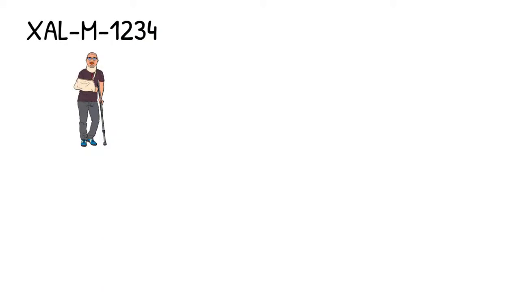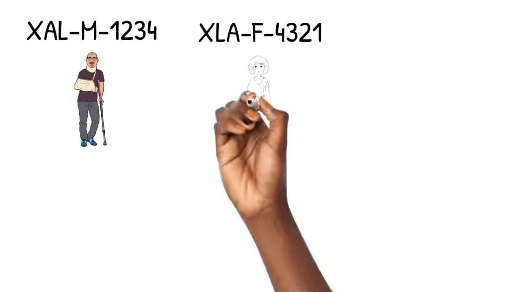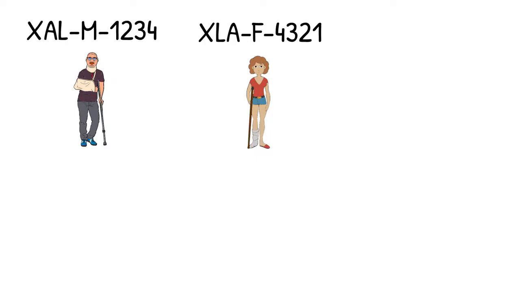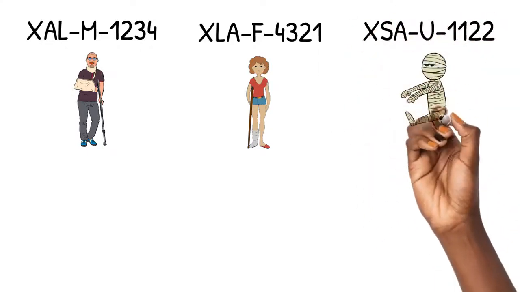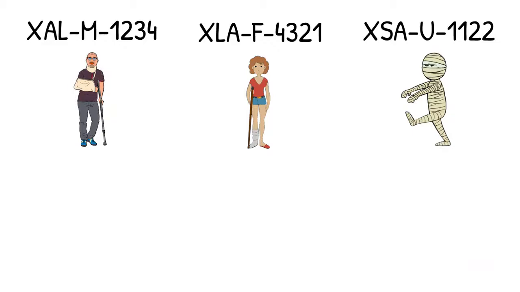So for instance, XAL, as I said, Alameda County, would be XAL-M-1234, say for that gentleman. Another example would be XLA, which is LA County, -female-4321. And for unknown, let's say in Sacramento, it's XSA-unknown-1122.